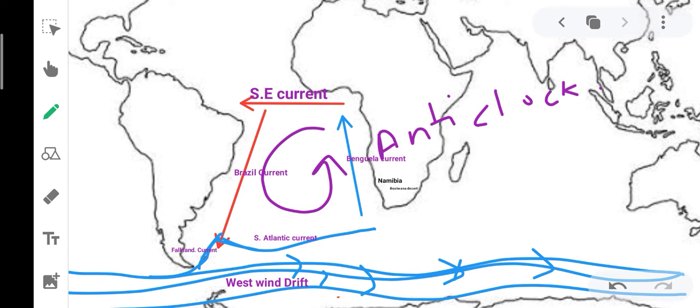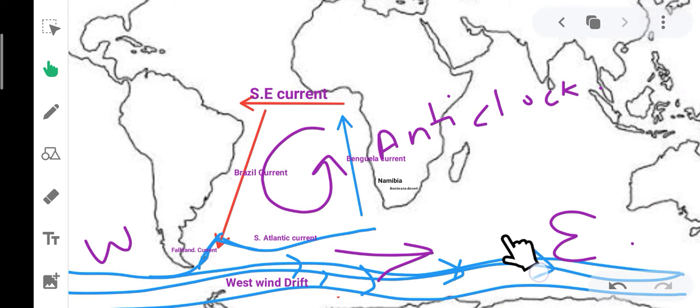Now let's talk about the west wind drift. The west wind drift is a strong ocean current which flows from west towards east under the influence of the westerlies. In the previous slide, I explained what westerlies are and in which direction they flow. So the west wind drift flows from west to east under the influence of westerlies between 40 to 50 degrees south latitude.